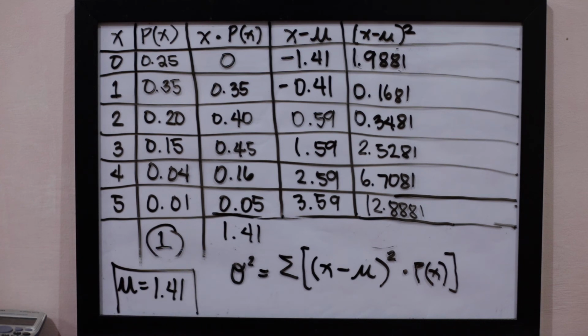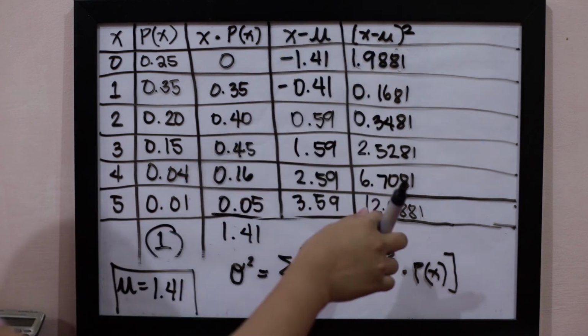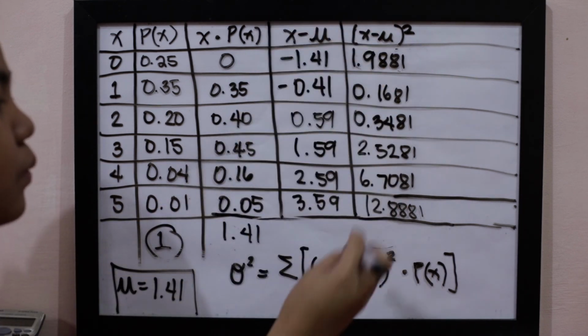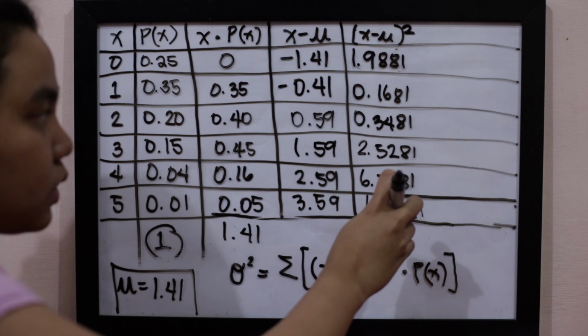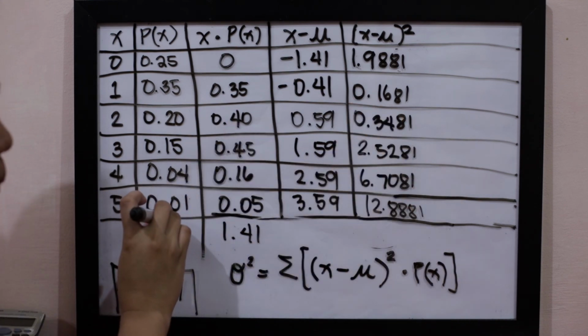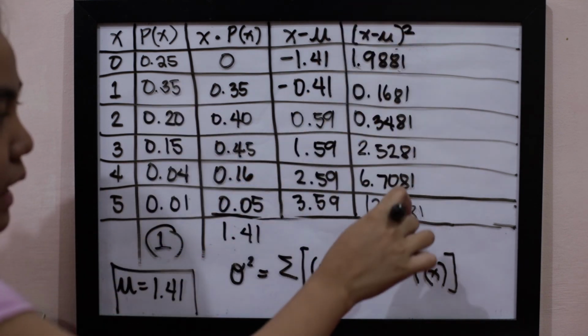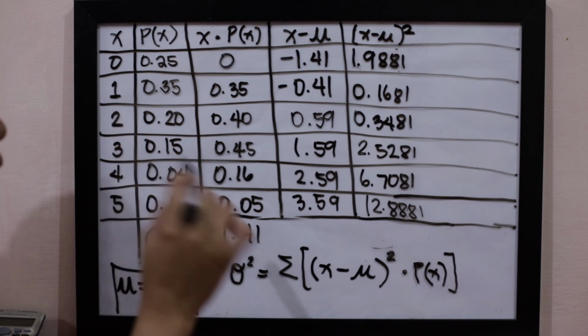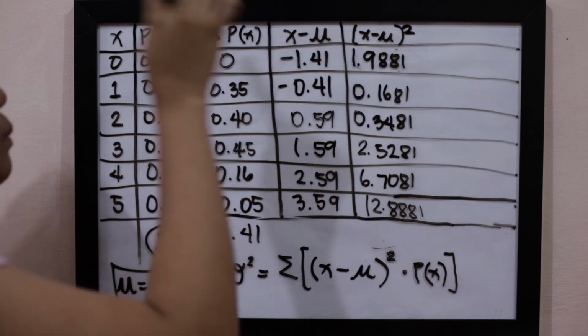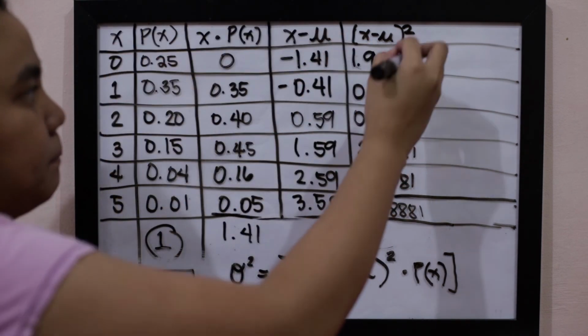So, last step in getting the variance of this one, what we're going to do po is we multiply the product of this column by this column. So, again, imo-multiply natin to by this column. Meaning to say, 1.9881 multiplied by 0.25.